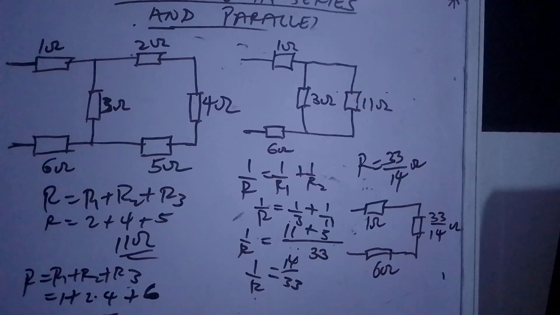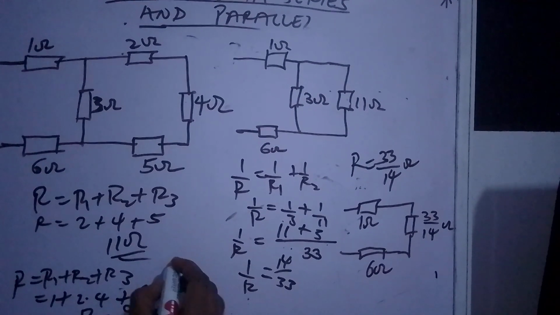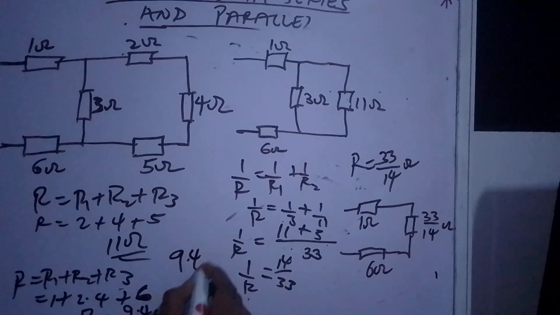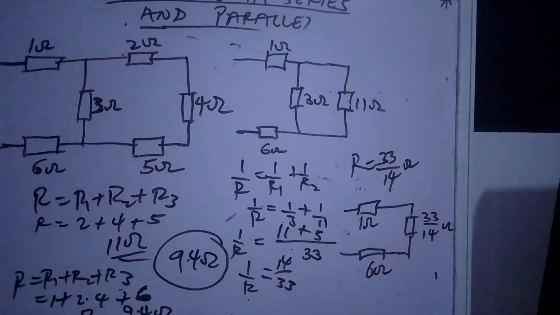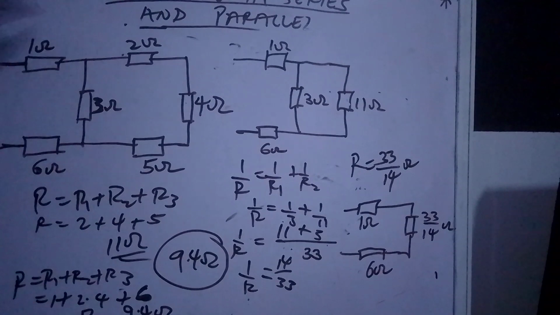So let's add it together. We are going to have 9.4. So our total resistance of this circuit is 9.4 ohms. As we have this circuit like this, the overall resistance in this circuit is 9.4 ohms.